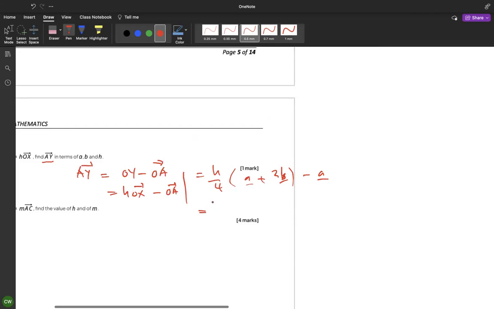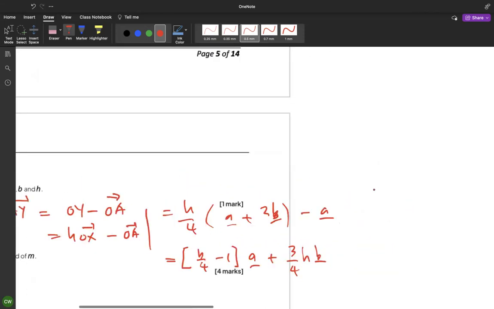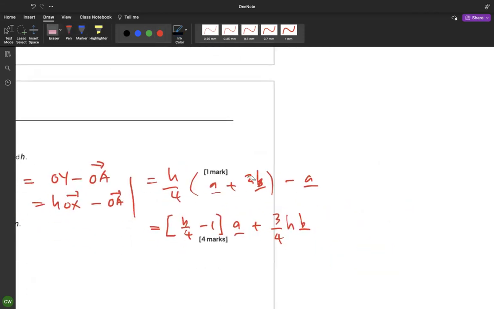A, the coefficient. What is the coefficient for A? h over 4 minus 1. How about this? Can you say it's minus 1? h over 4 is on A. The next part, is it 3 over 4 hB? 这个呢？对吧？这个。Okay, check again. This one is 3B.